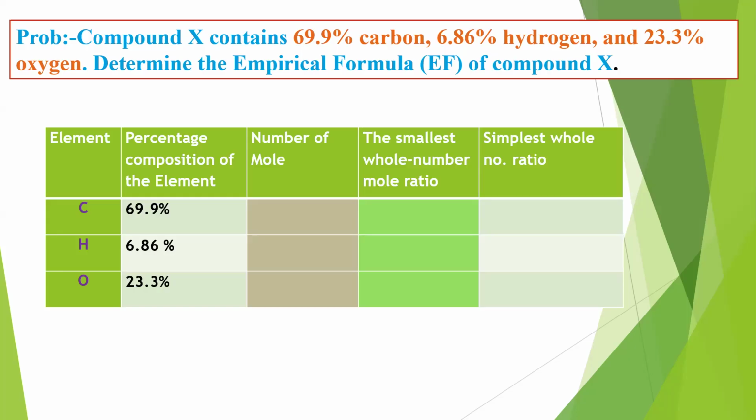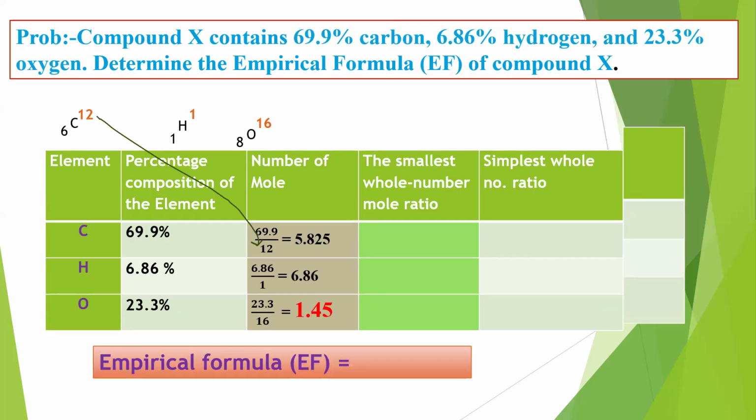Next, you have to calculate the number of moles. Mole means what? Given percentage, it is nothing but weight divided by atomic weight. You know carbon is 12, hydrogen 1, oxygen 16 are the atomic weights of the respective elements.